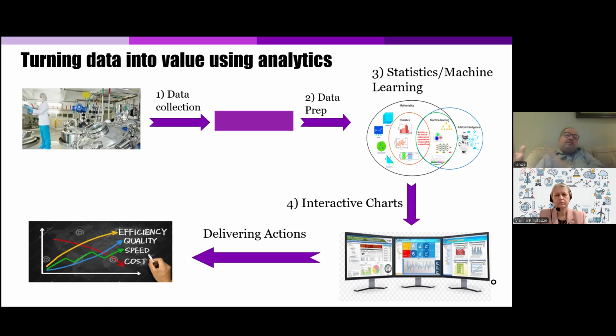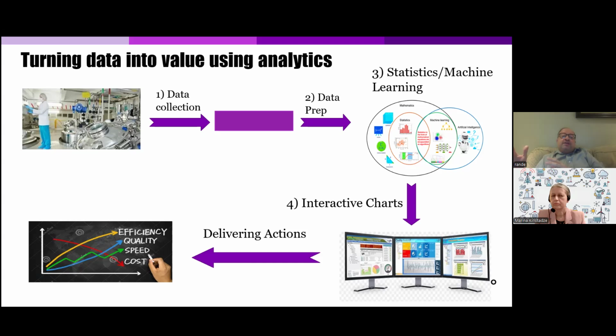Otherwise, you cannot start the third step, which is statistics and learning. Because if you have data that is not clean and is poorly prepared, then you will not be able to get information.